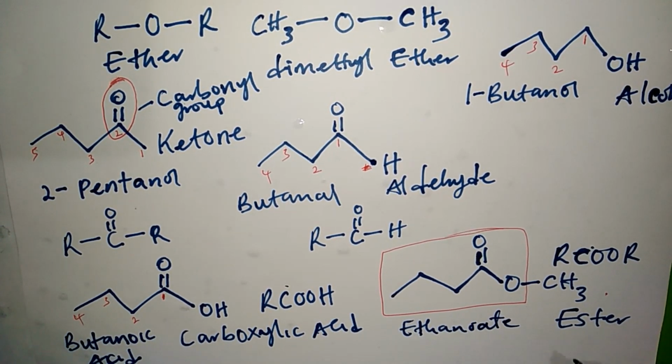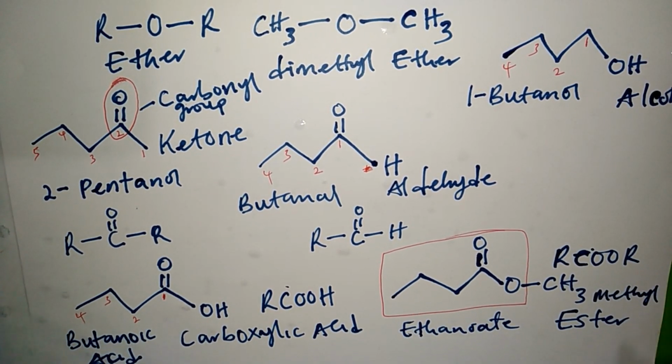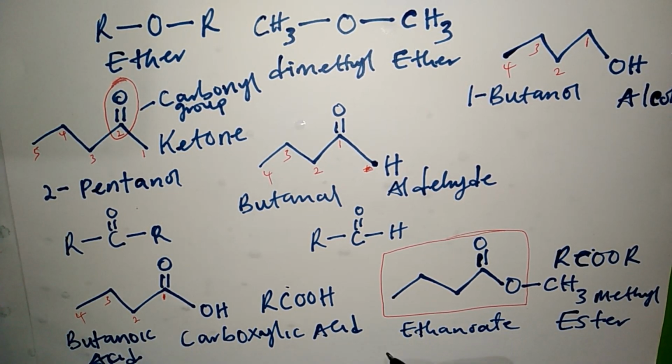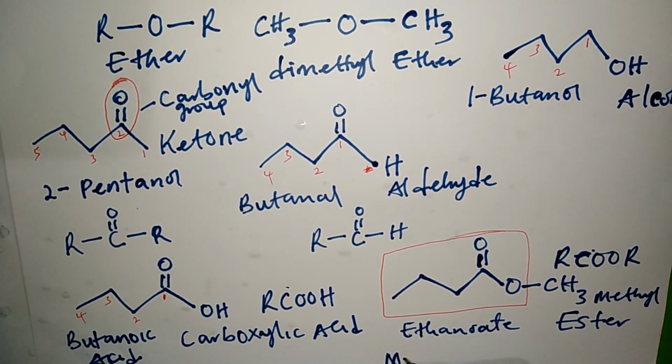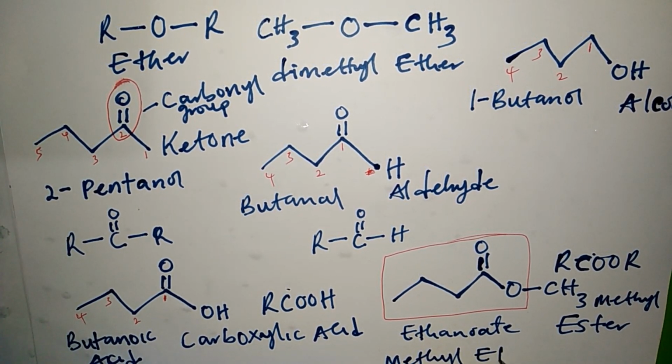And this side, because it's a methyl group, you call it a methyl. The side of the methyl comes first, and the naming of this one comes last. So you name it as methyl ethanoate.